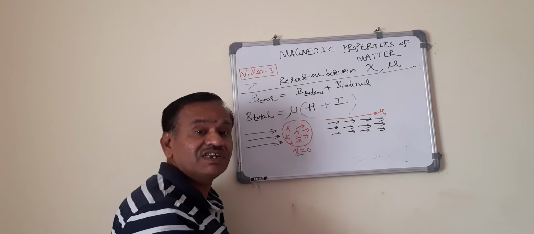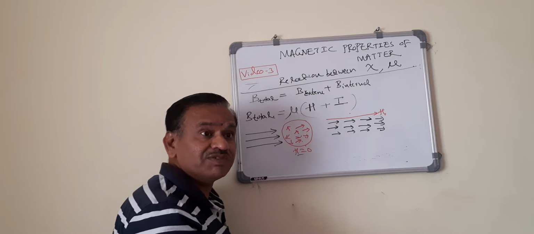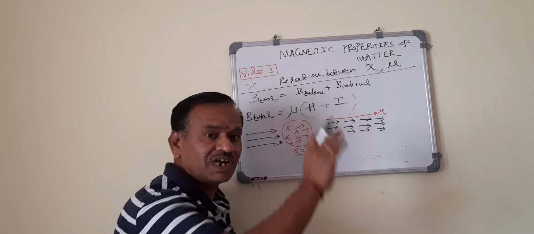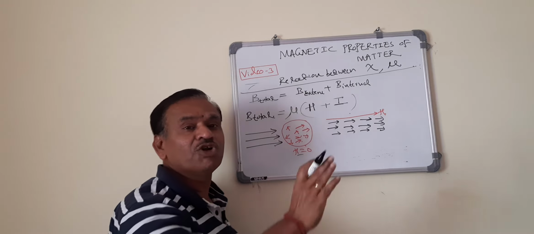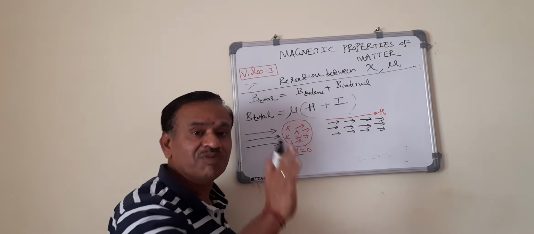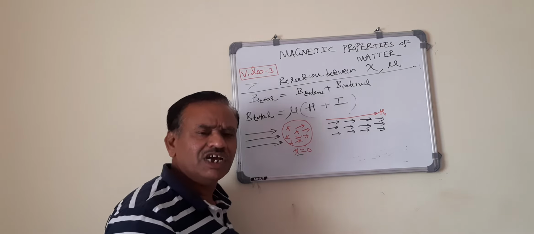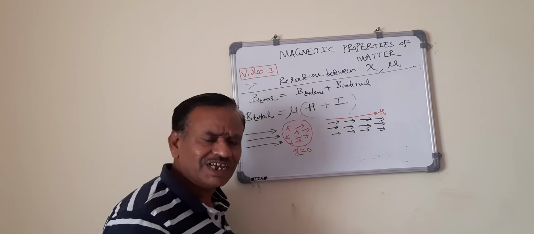It is as good as I told you several times: if the teacher is very strong, the moment the teacher enters the classroom, all students will be polarized, oriented in one particular direction. If the teacher is not so strong, some students are misusing it.